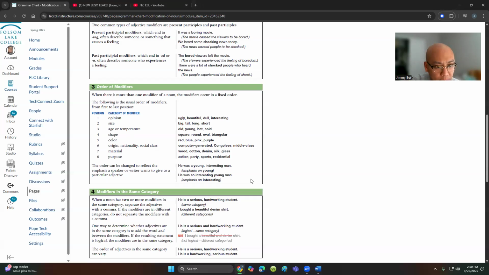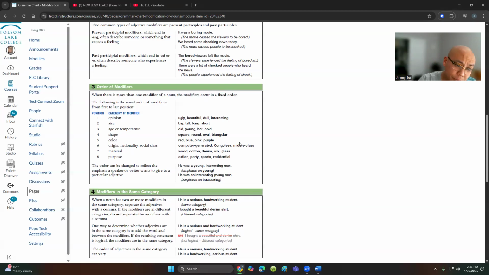The order can be changed to reflect the emphasis a speaker or writer wants to give to a particular adjective. He was a young, interesting man. He was an interesting young man. And so emphasis on young, right? This shows that age came before opinion, and that's to show that there is an emphasis on the specific adjective young.